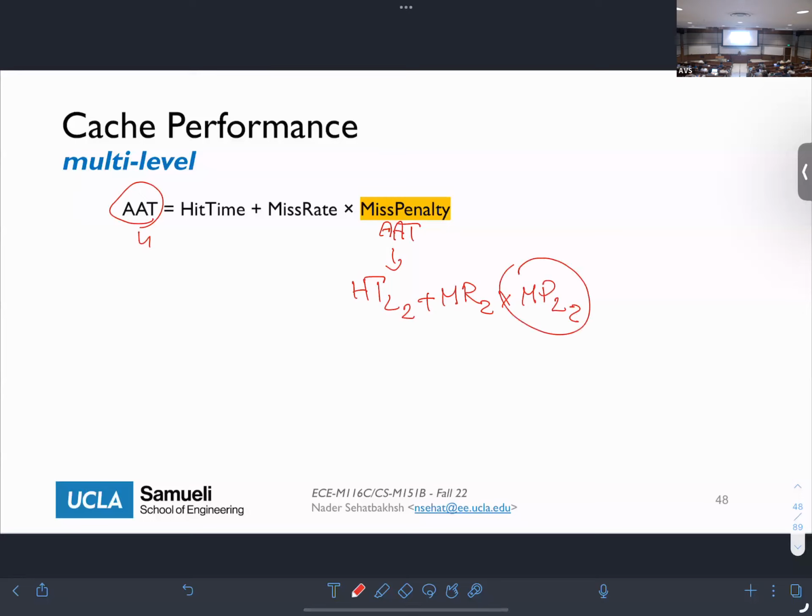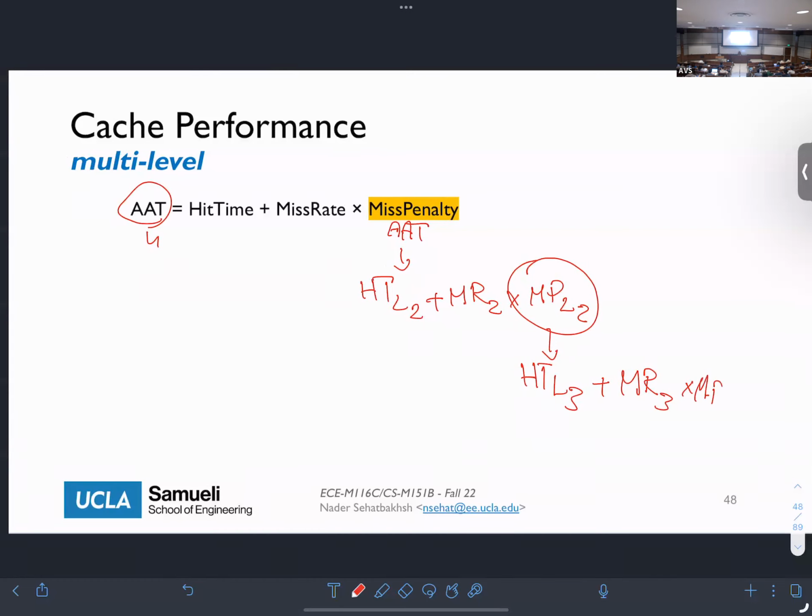The miss penalty of L2 itself becomes the hit time of L3 plus the miss rate of L3 times the miss penalty of L3. And this itself is basically the hit time of your DRAM. Let's stop here and assume that there is no disk.